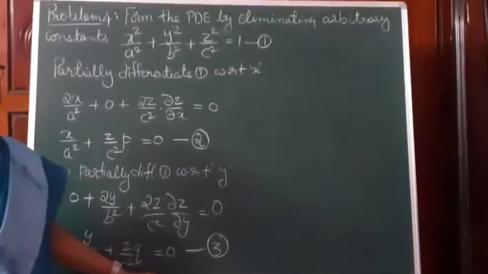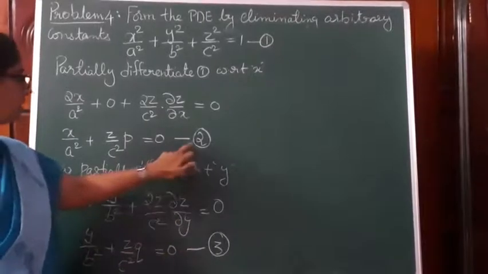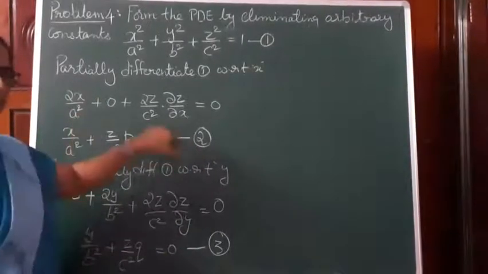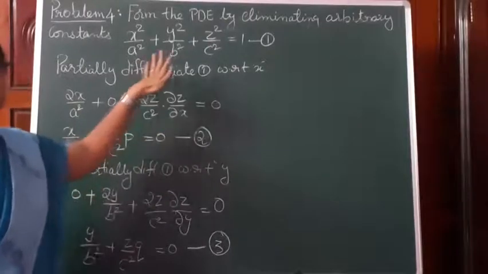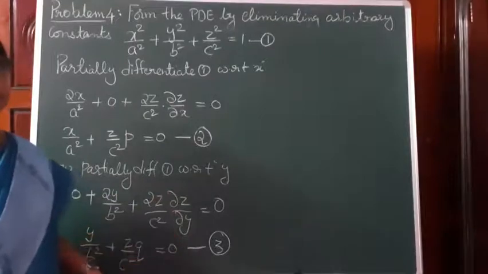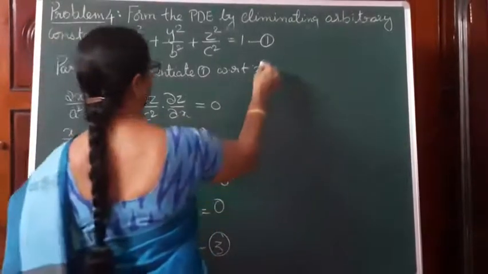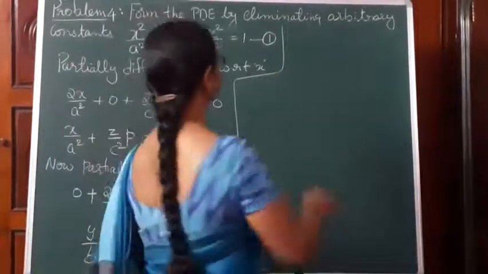So now what we do is we go for second order derivatives. We partially differentiate again with respect to x, since we are unable to eliminate a, b and c using the obtained equations, as the number of arbitrary constants is more than the number of independent variables here.